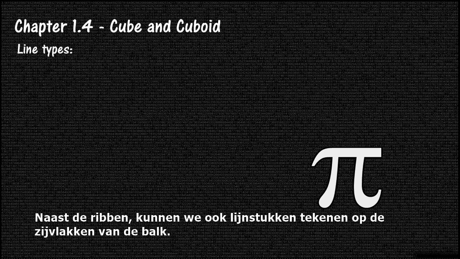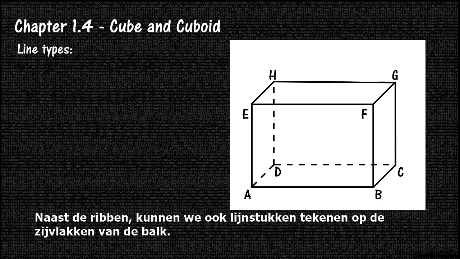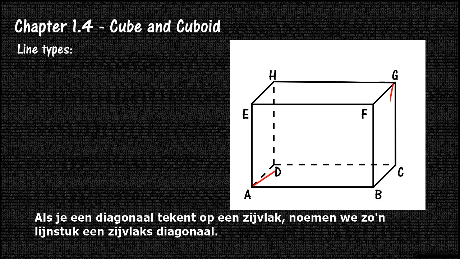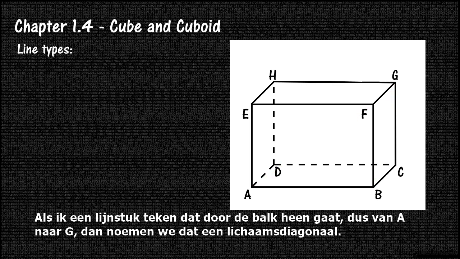Besides the edges, you can also draw a line on one of the faces of the cuboid. If you draw a diagonal on a face, we call that a face diagonal. If I were to draw a line segment through the cuboid, so from A to G, we call it a space diagonal.